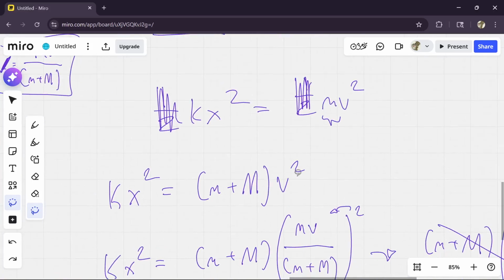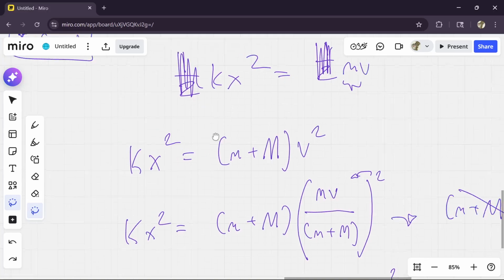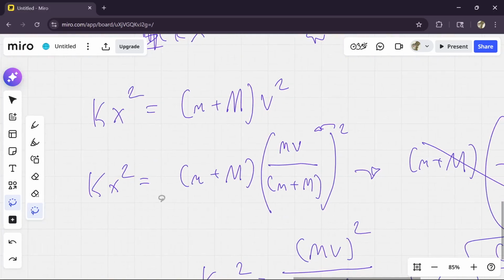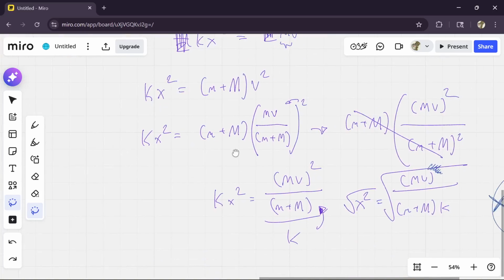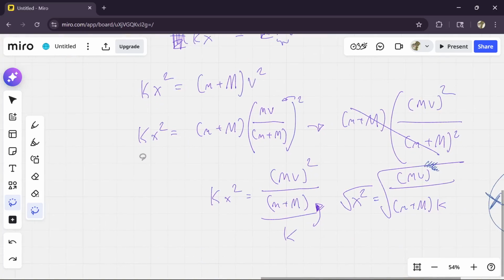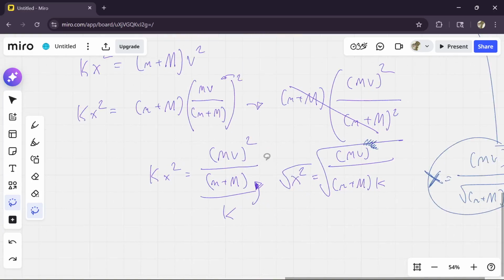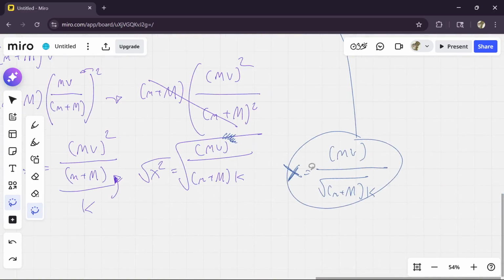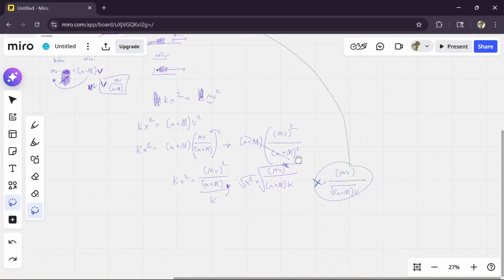So we add it together, and then we plug in the velocity as well, which we solved for earlier, which gives us this. And it's velocity squared, by the way, which is why we distribute this. And then we just begin to solve for k. So we move k, we reduce this and cancel out one of the squares, and then we move the k over, and then we square root the whole shebang, and we're left with x is equal to mv over square root of m plus capital M times k.